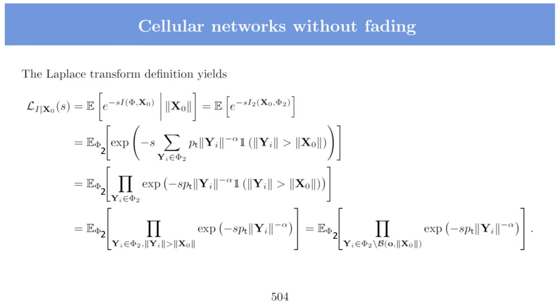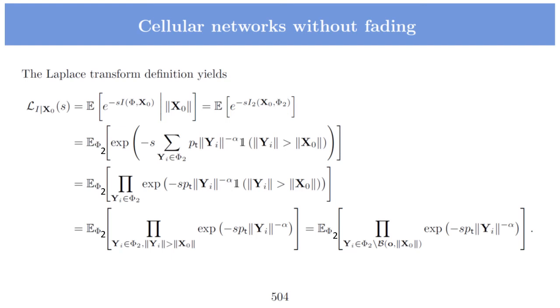So to compute this Laplace transform, we will say this is equal to the Laplace transform of I2, and I2 is given as exponential of minus summation of transmit power times norm of yi to the power minus alpha, with the indicator that norm of yi is greater than norm of x0.